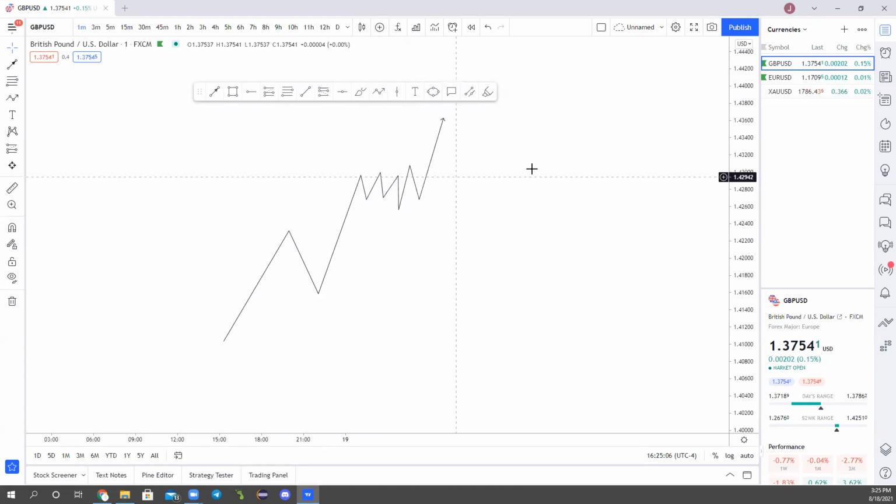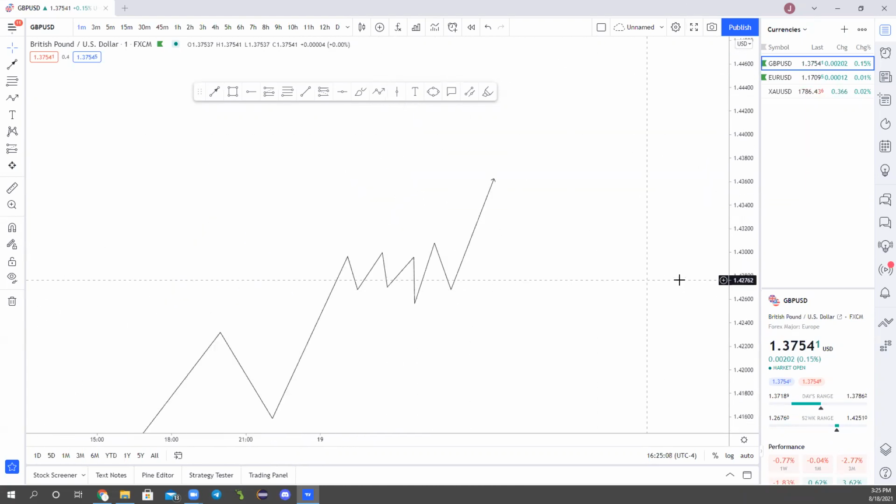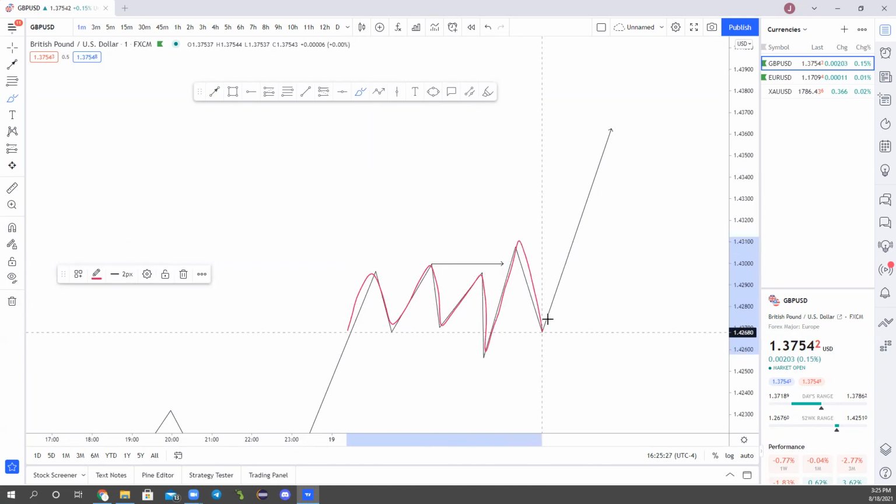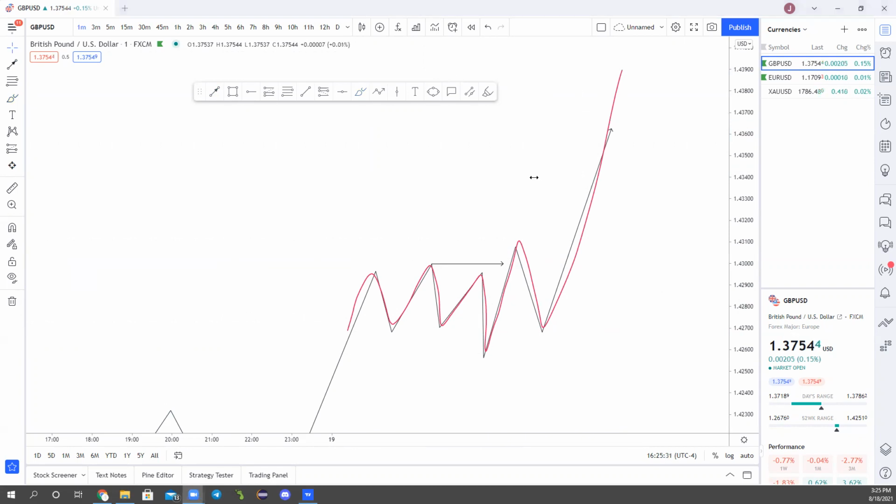You broke structure here. So BOS, and then we test. So for me, how does it fit the scheme? Consolidate, manipulate, BOS, test, and go, right? You guys can see that.